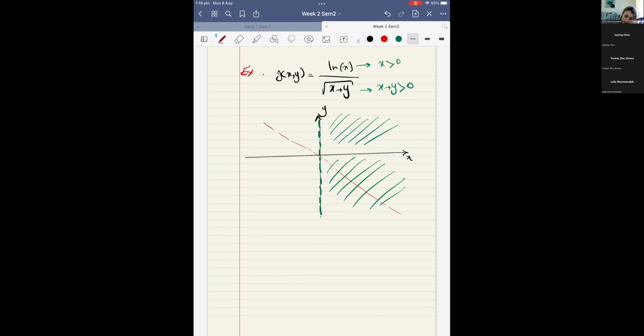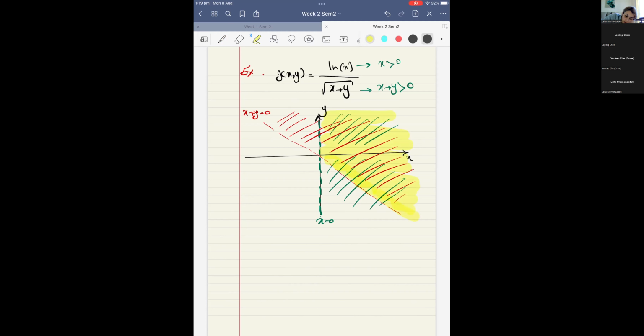x plus y equals 0 would be this one. And this one is the x equals 0 line, but again I put a dash line because it's more than 0. If I want to show you this line, it would be this part. What is the union between these two parts? It is exactly this yellow part.